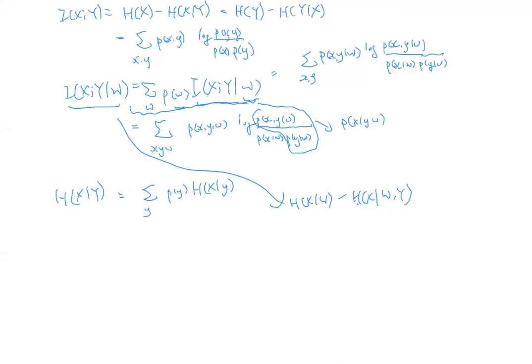Or you can think of it as p(y given w) times p(x given y,w). So you look at y given w, and then at x given y and w, and multiply. This will be p(x,y given w). So this is plugged in here.